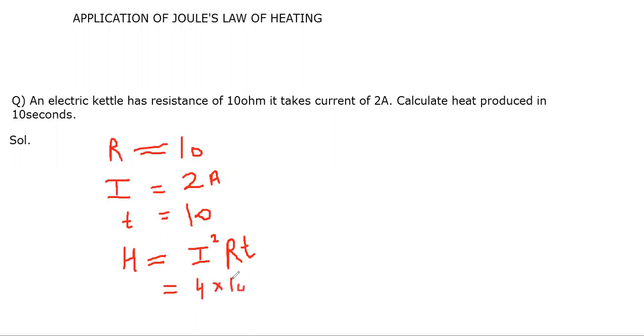So 4 into 10 into 10. So 10 tens are 100, and 100 fours are 400. So the answer to this numerical would be 400 joule. So this is how you are going to apply Joule's law of heating in numericals.